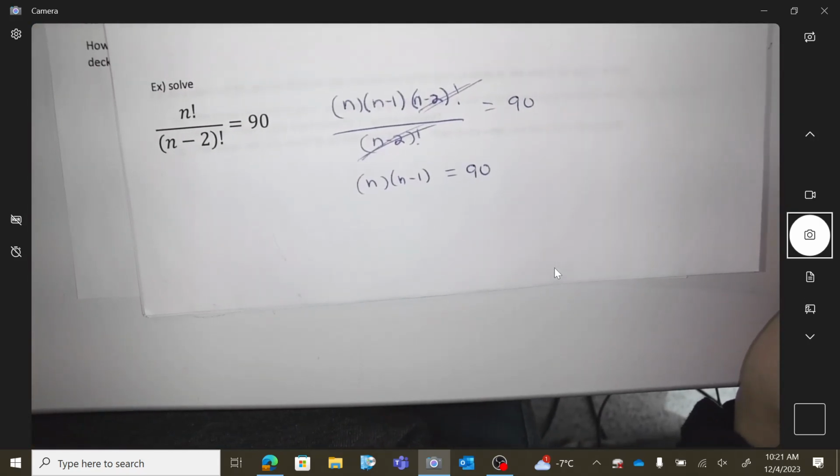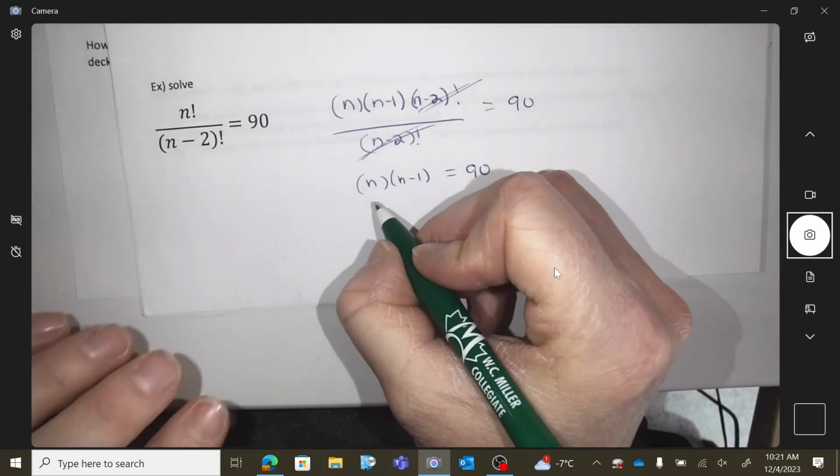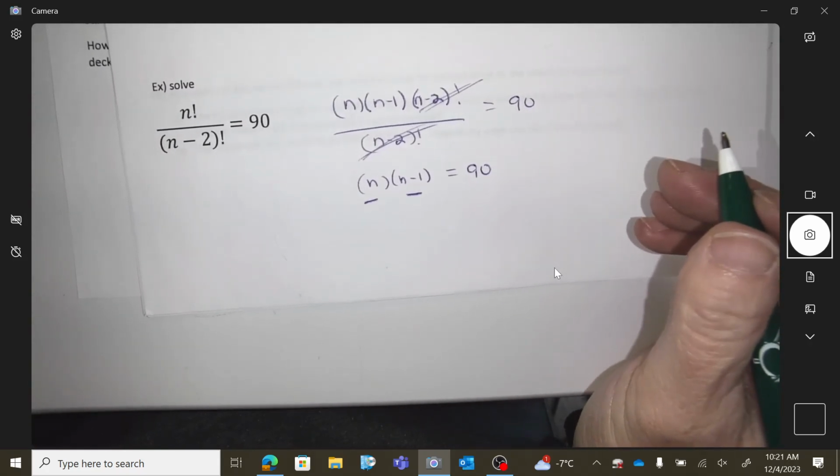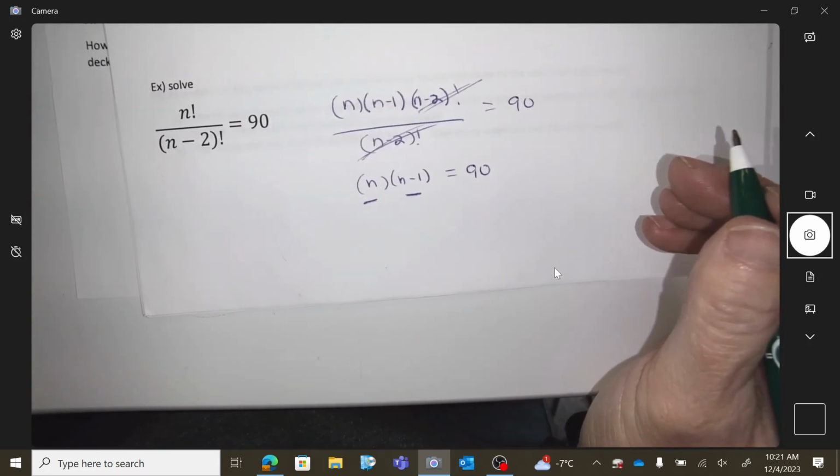Okay, so now applied brains. I'm going to show you one way. Pre-calcy brains, I'm going to show you the other way. Okay, applied brains, this number and this number are back to back in order in math. Just think about two numbers beside each other that multiply to 90.